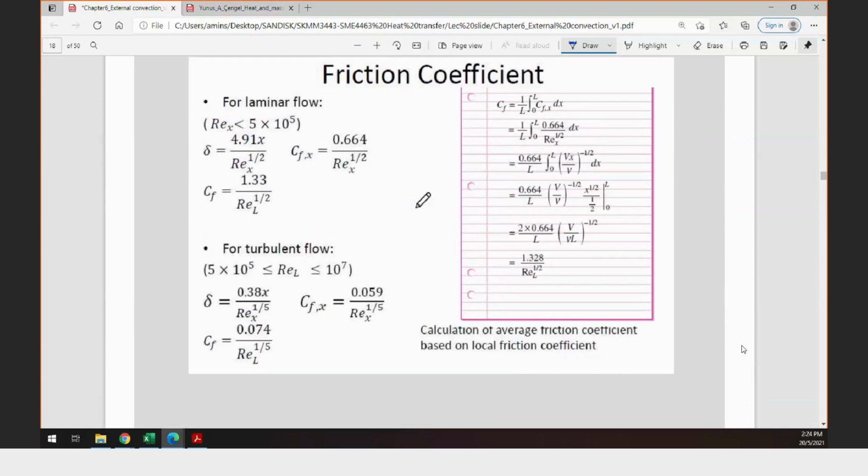Okay, I should explain how this equation can be obtained. But for me, it requires some time because basically it is just integrating the element of the boundary layer as a function of x direction. You can look at some examples here of how they got the final equation.